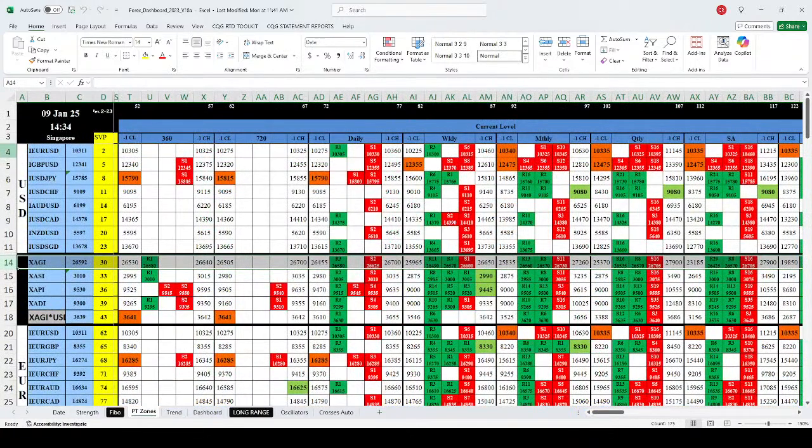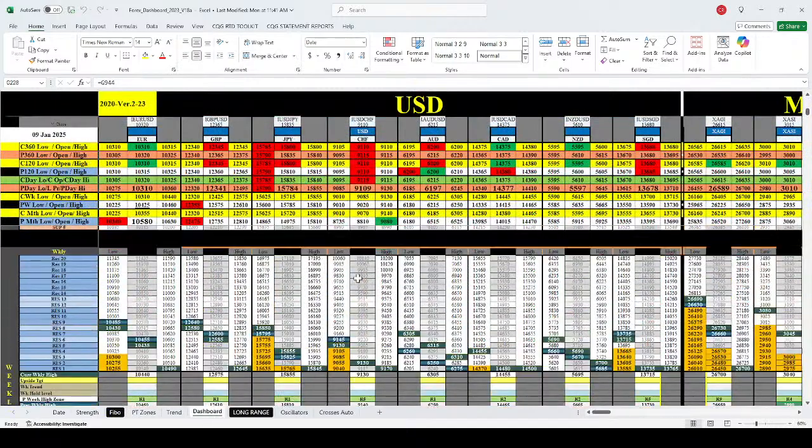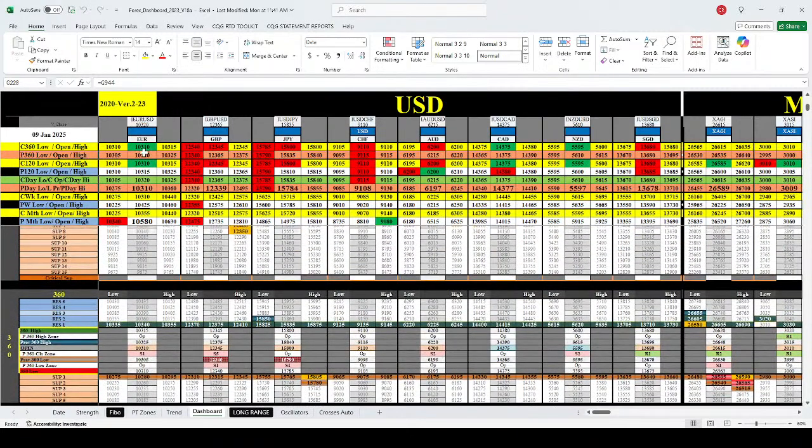These are the informations we are deriving from the trend map. Then we look into the PT zones. 360 and 720 is flat, daily is also mixed, weekly is flat, and we have mixed signals with more downward pressure, which means more weakness to be seen. Finally the dashboard: the market is trading at 10310, your previous high is 10360, and the current week high is 10440.